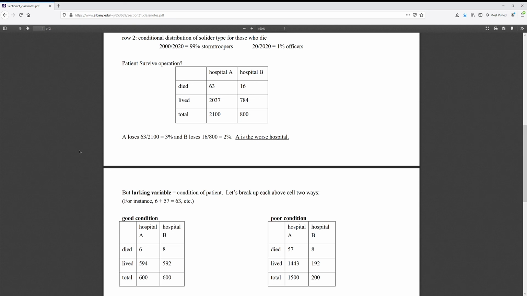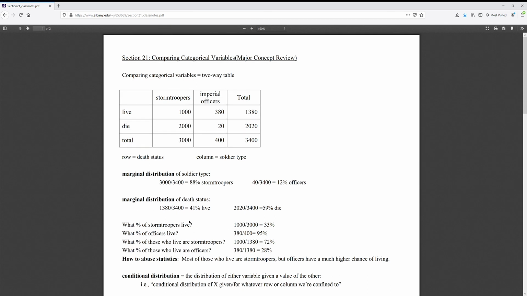Bottom line, you're comparing things that shouldn't be compared in the first place. And one brief look at the numbers here will show you that there's something a little screwy going on. You should kind of be prepared for this after the stormtroopers living and dying example. There's a lot more stormtroopers than there are Imperial officers, so everything in this column is swamping everything that's going on in this column.